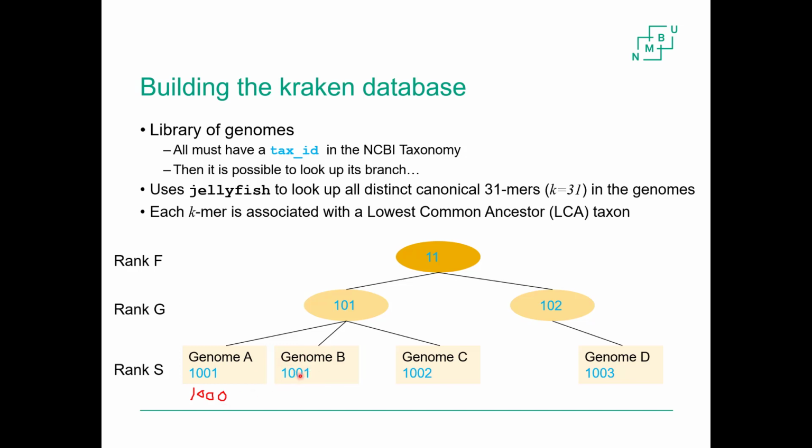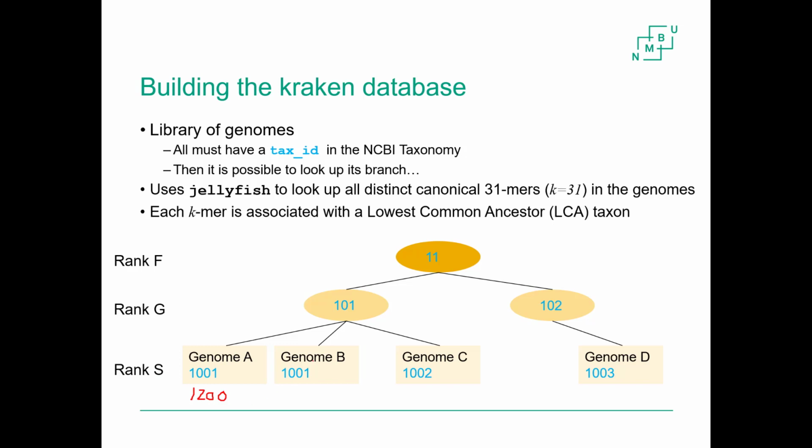And these are also associated with tax ID 1001. So actually what happens here is just that this number is increased from 1,000 to a little bit more. Let's say to 1,200, something like that.